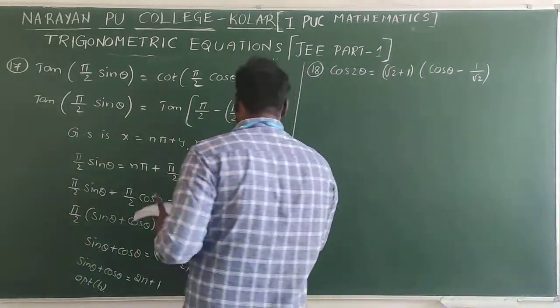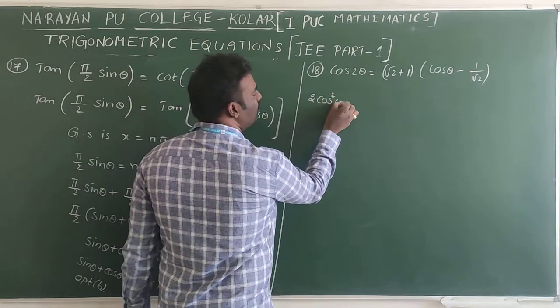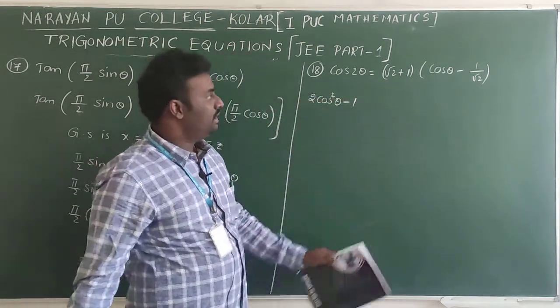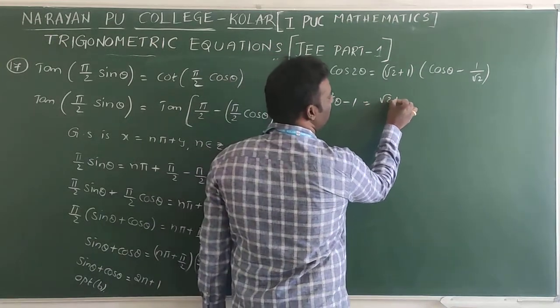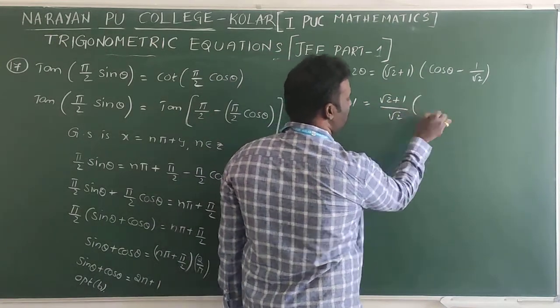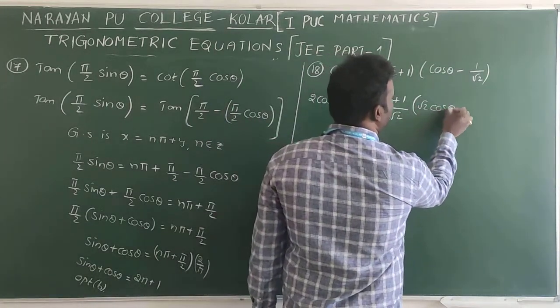Now this left side cos 2 theta can be written as 2 cos square theta minus 1. Here if you take the LCM, root 2 is the LCM, so root 2 plus 1 by root 2 I am writing, and then root 2 cos theta minus 1.